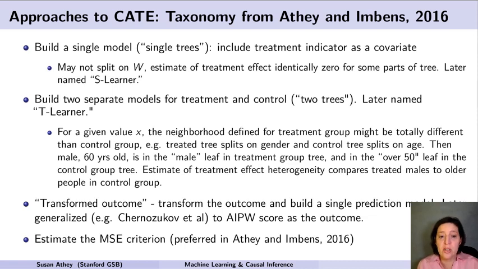This was later generalized to actually use the AIPW score, the augmented inverse propensity weighted score, as an outcome in a regression or prediction model. So in our paper, we show the extent to which that actually works, and we show that it works okay, but it also can have some disadvantages in terms of efficiency.